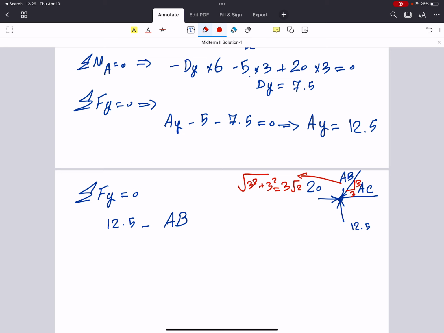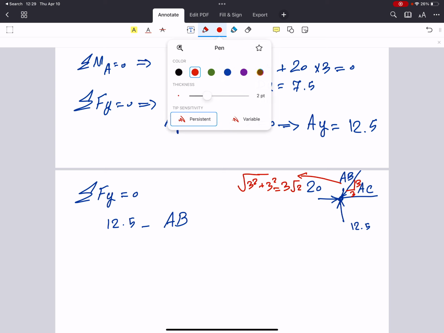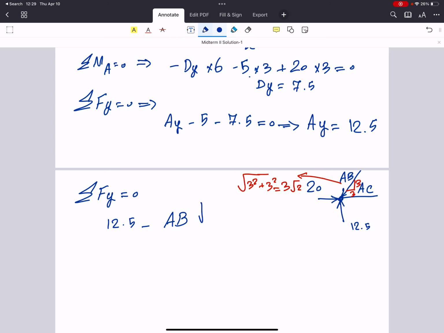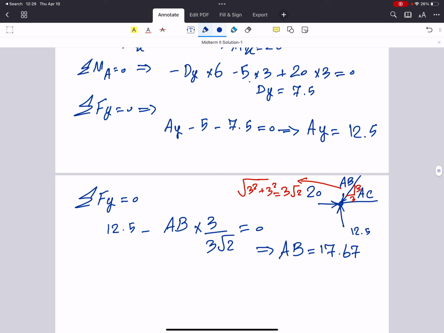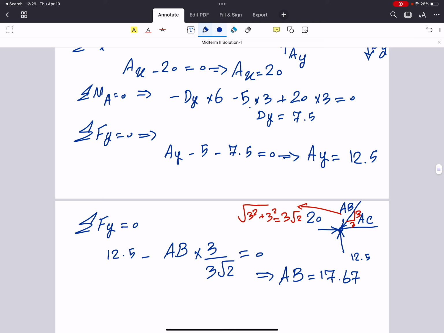We need the y component. So my AB is 17.67. As you see, it's going down. It's going to the middle point, so it's going to be a compressive force.